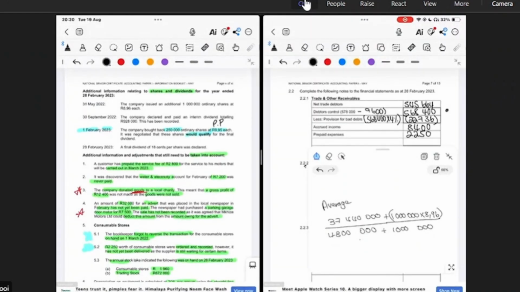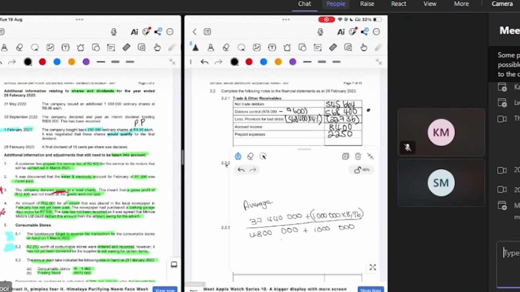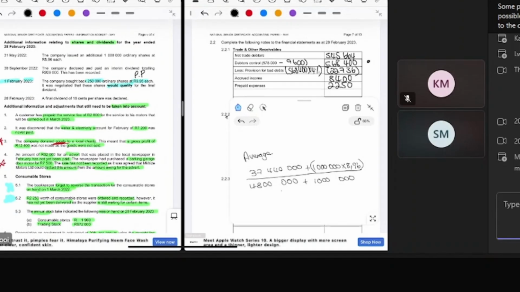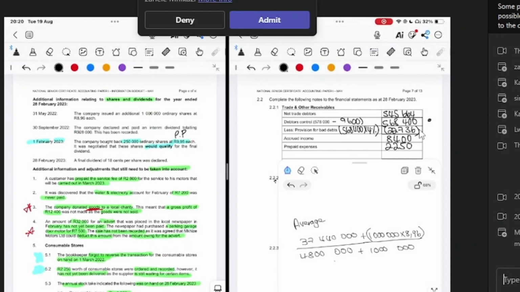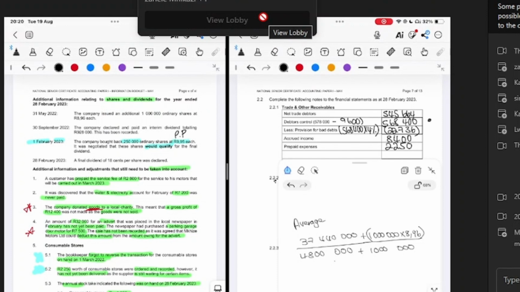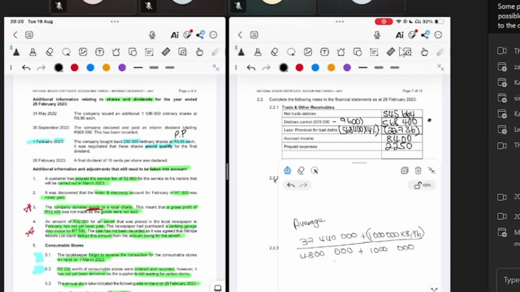We input this into our calculator. 37,440,000 plus 1,000,000 times 8 rand 96 divided by 4,800,000 plus 1,000,000.